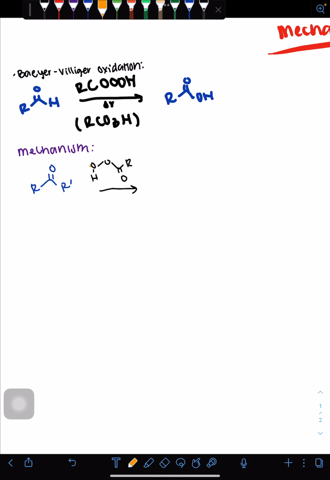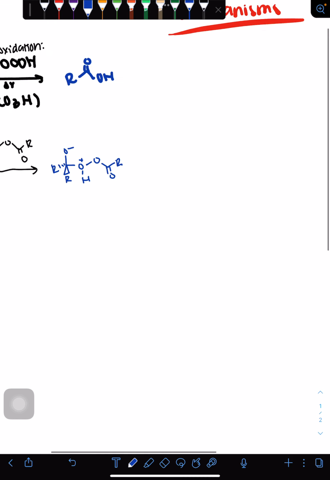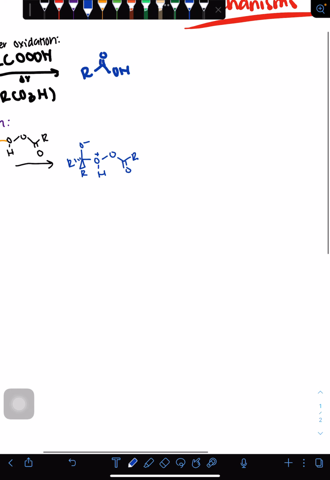And this oxygen is going to attach to the carbon here, which will break this double bond. And it'll give us O negative here. This O is going to be positive because now it has 3 groups attached. And then this side of that product is going to remain the same.